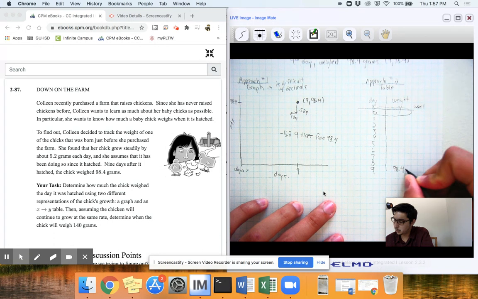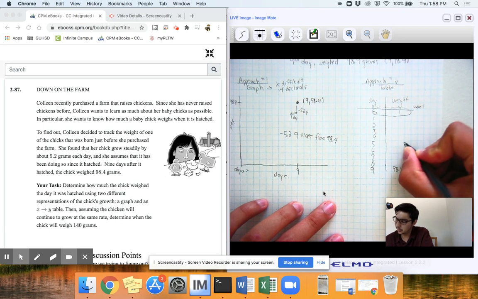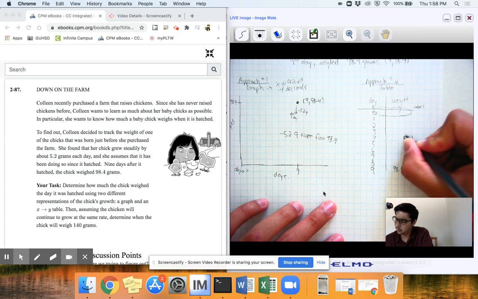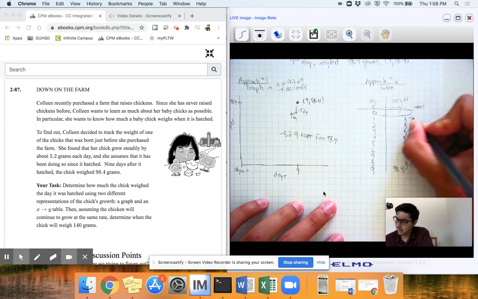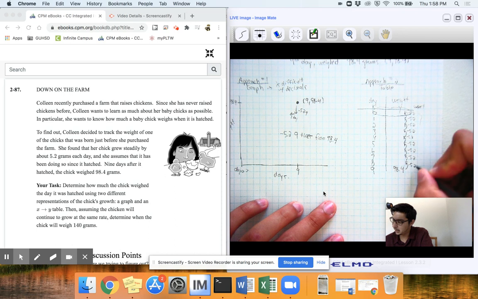And if you wanted to find the weight on day 0, right, this is what you want. Well, you would just subtract 5.2 all the way back to day 0. And you would just use a calculator probably, because with decimals, it can be kind of tricky to do this without a calculator. And kind of like I just said, how many times do you minus 5.2? We end up minusing 5.2 9 times.